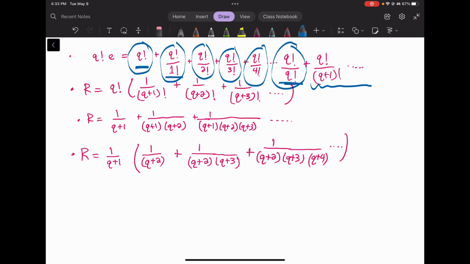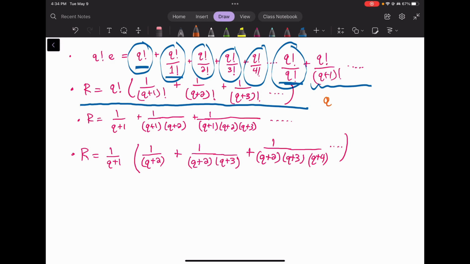So r is equal to q factorial times 1 over q plus 1 factorial plus 1 over q plus 2 factorial plus 1 over q plus 3 factorial. What I did here is I factored out q factorial, and then what I'm going to do next is multiply that q factorial back in. Let me show you this on the side.